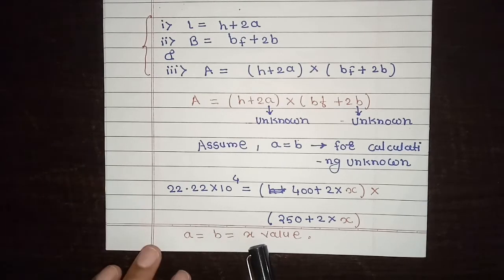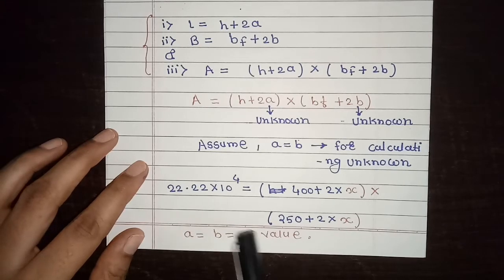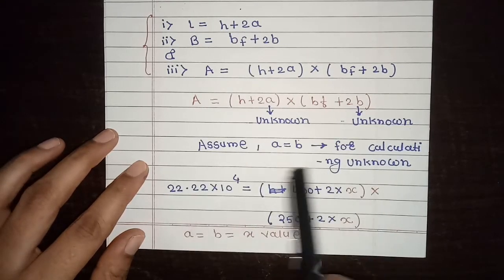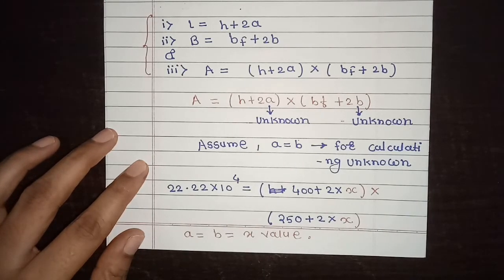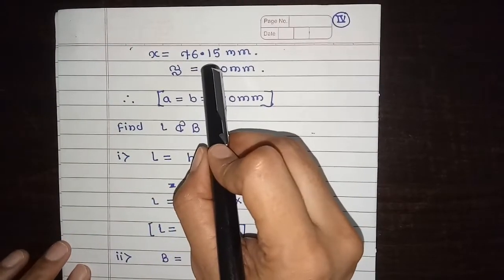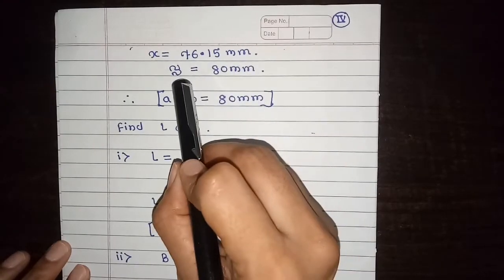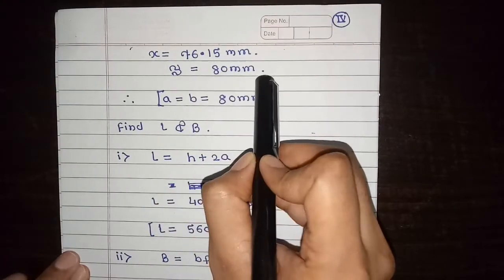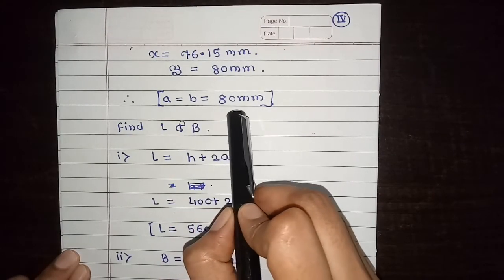Solve this equation, then we get X value. So X is equal to 76.15 mm. Make it round off, so 80 mm. So A is equal to B is equal to 80 mm.